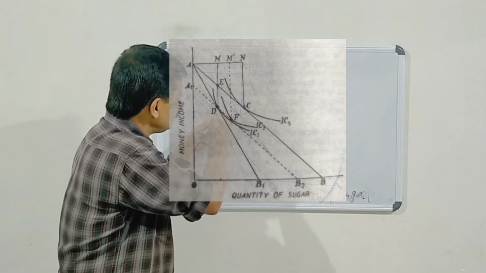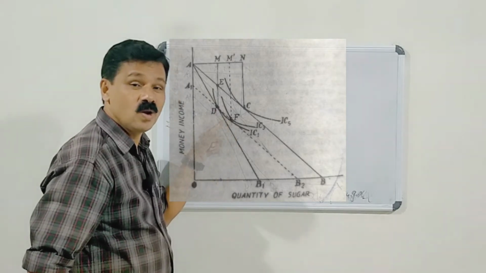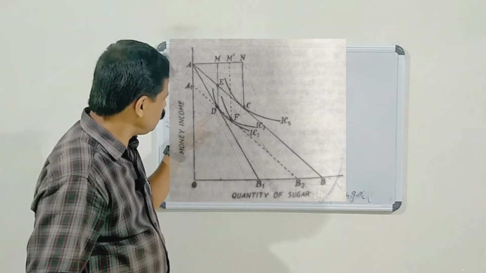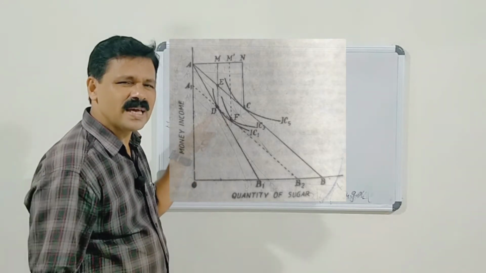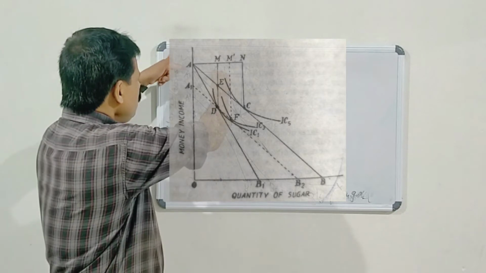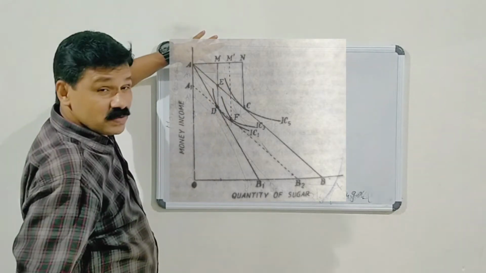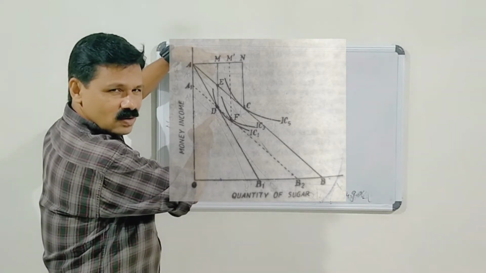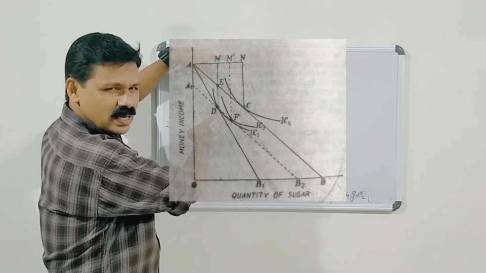This is IC1, right? A lower indifference curve shows a lower level of satisfaction. At point D, the consumer can purchase only AM quantity of the commodity, sugar, by spending MD amount of money.